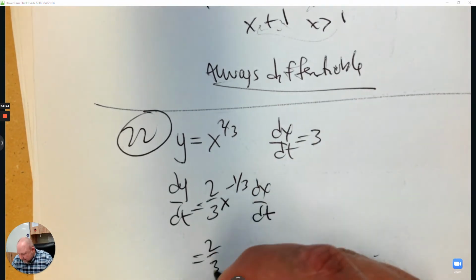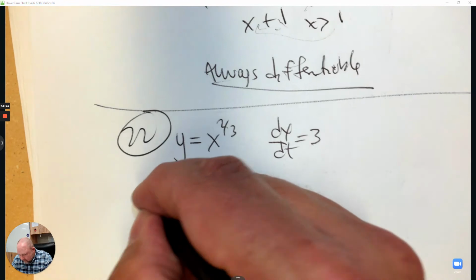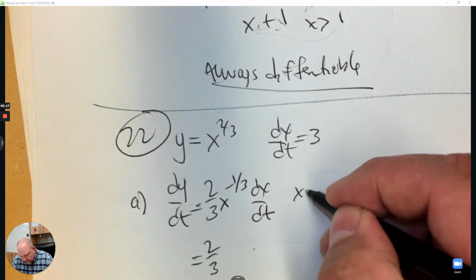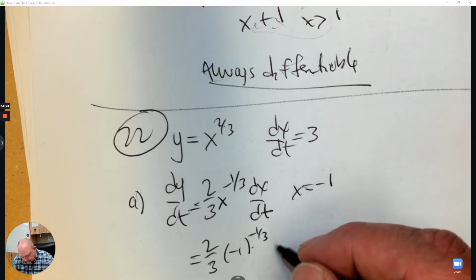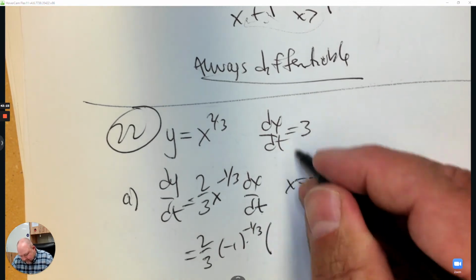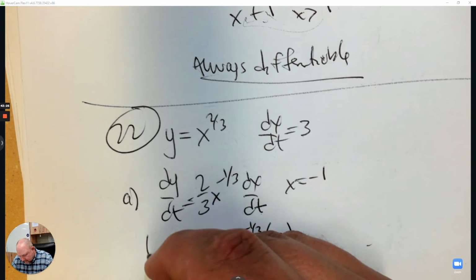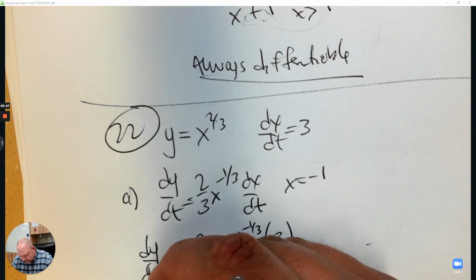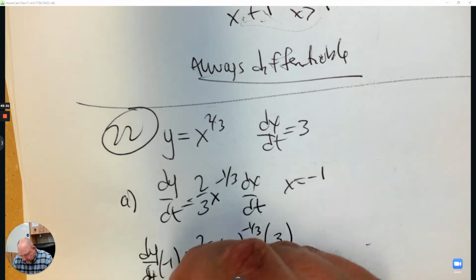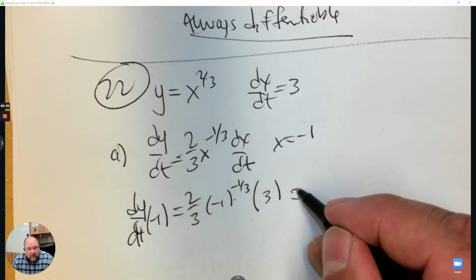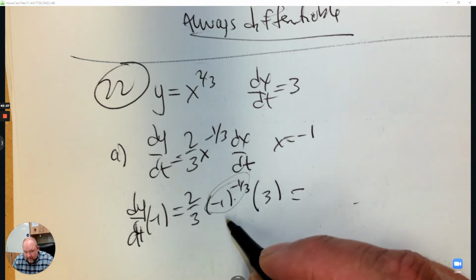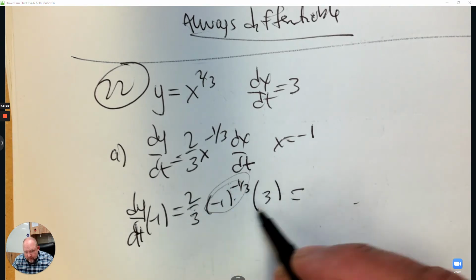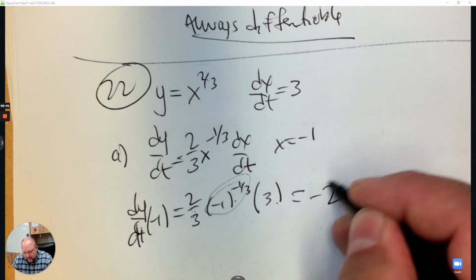I'm going to plug in when x is -1. I'm going to plug -1 in here. And dx by dt is 3. And so -1 to a cube root would be a -1 answer. So it's -2/3 times 3, so that answer is -2.